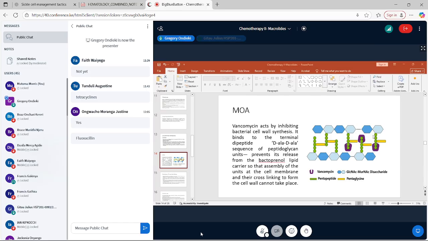We want to draw parallels with vancomycin. So I want us to remind ourselves on how penicillins affect cell wall synthesis. Yeah, penicillins bind to the transpeptidase enzyme, which is responsible for cell wall synthesis in the bacteria. So when it blocks the enzyme, the cell is not able to develop. Can somebody put it in another way?